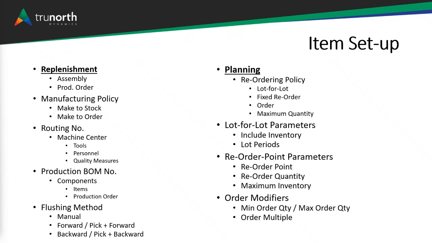When we create the routes, we will need to specify the machine center or the work center where the production steps are going to be prepared or carried out. Those machine centers can take care of both the tools or the equipment that's being used and add in the costs associated with those, add in personnel. We can also add in some quality measures, quality control.